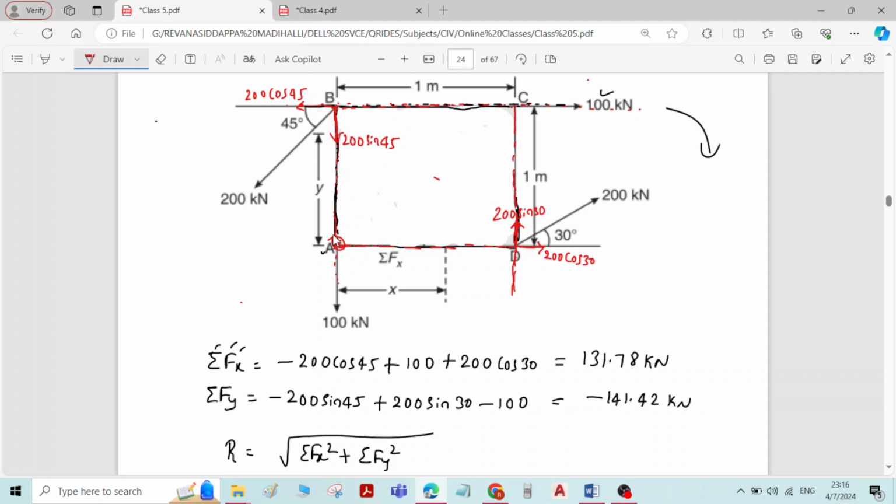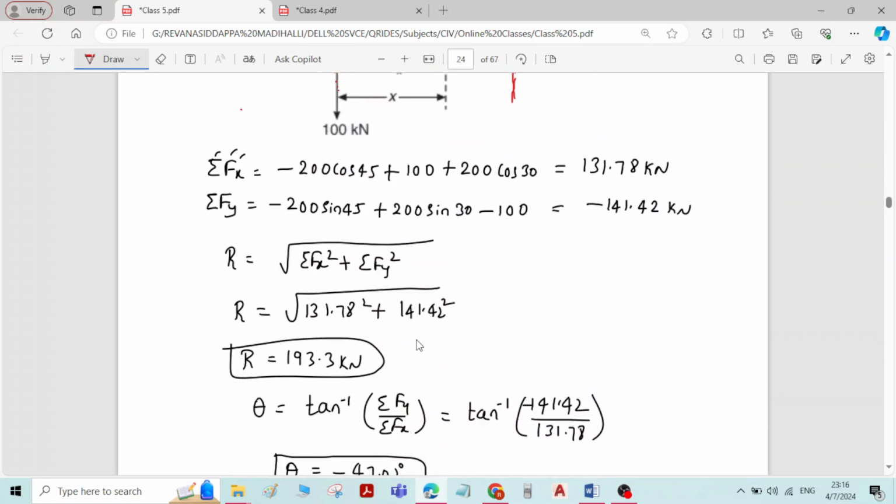So here is the point A. Distance means the perpendicular distance of point A from the line of action of the 200 sin 30 force. It is 1 meter.